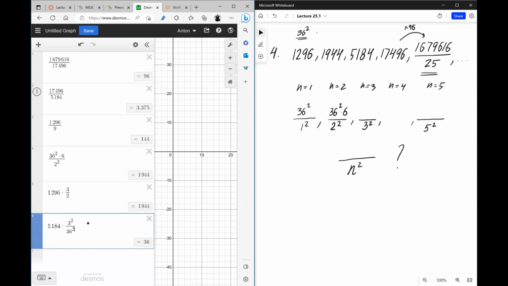So we get 36 squared times 6 squared. Is that the pattern? If I had to guess, this one will be 36 squared times 6 cubed divided by 4 squared. Let's try.